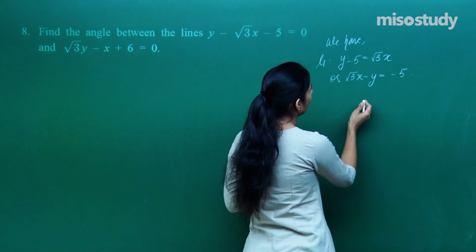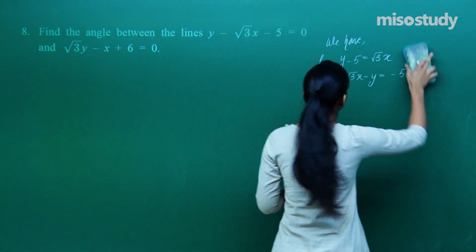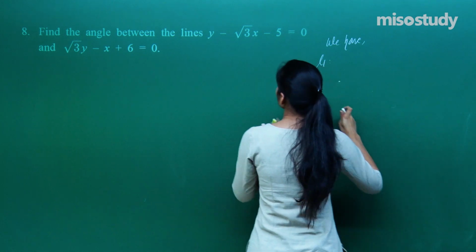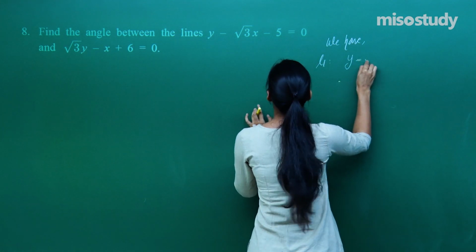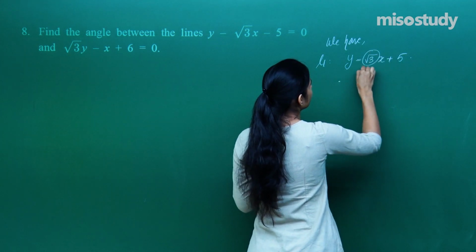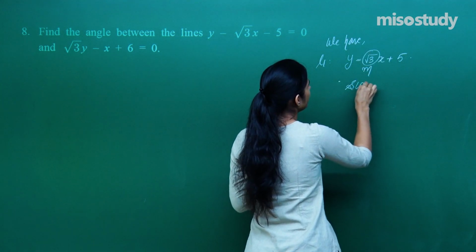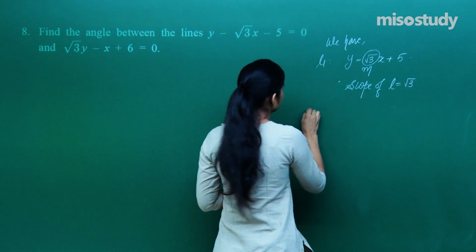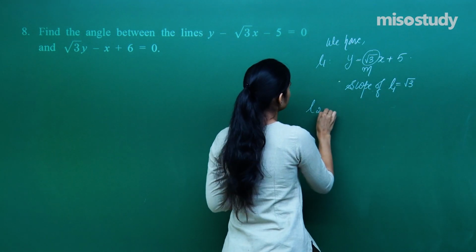Or let me just write it in the slope intercept form, that would be better. So I can write this as y equals root 3x plus 5. This is playing the role of m. So the slope of L1 is root 3.